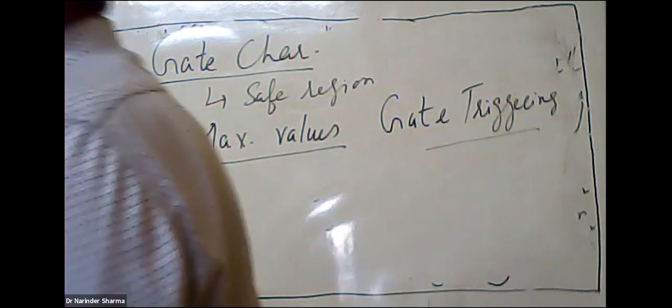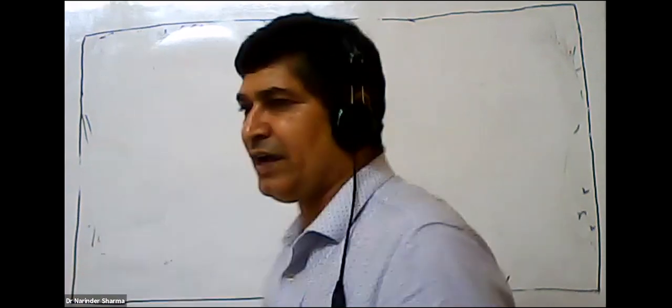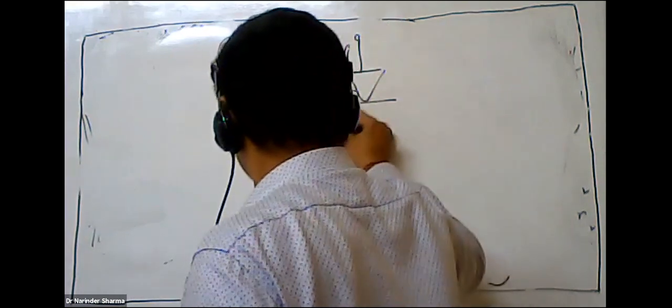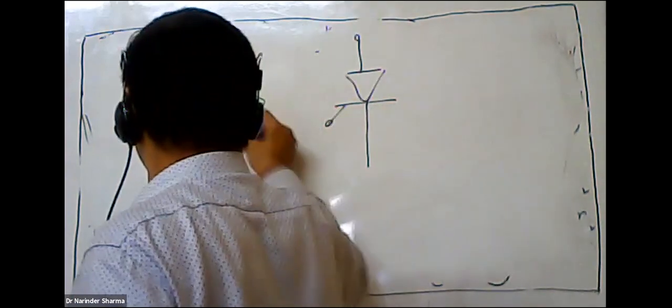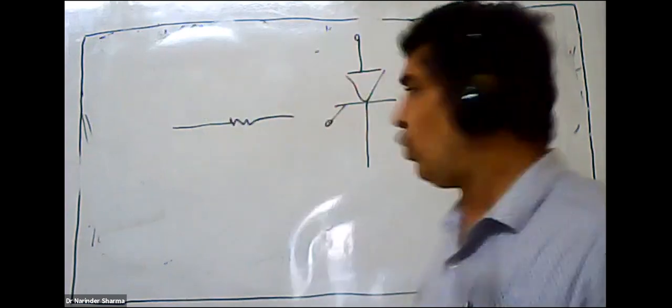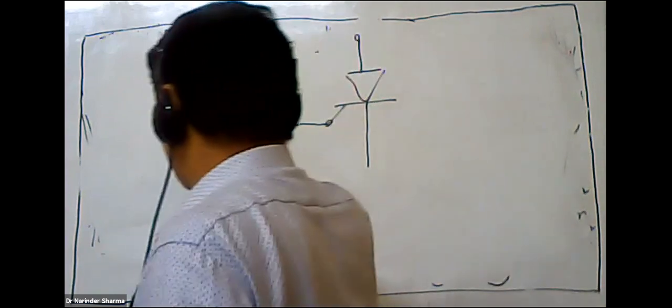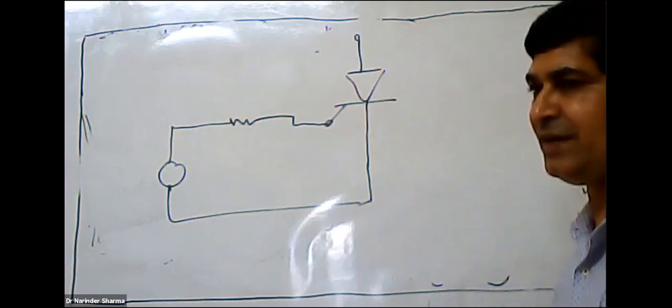Gate triggering can be understood by taking this figure as shown on the board. There is an SCR. Here the load has been applied. The source supply is there.